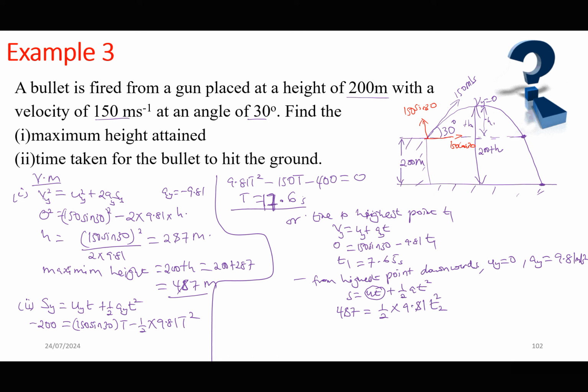So what is t2 then? So this implies that t2 is going to be equal to, I've just pressed my calculator, 2 times 487 divided by 9.81, then find the square root of the answer. This is approximately 9.96 seconds.